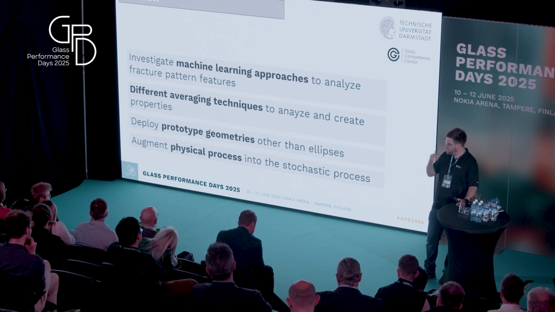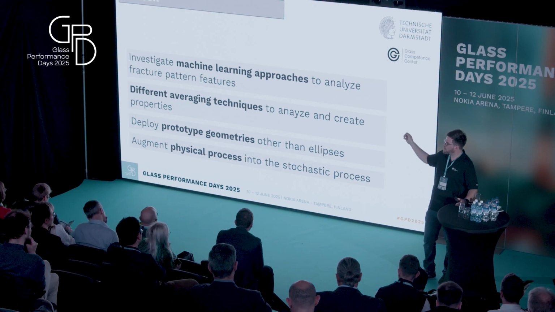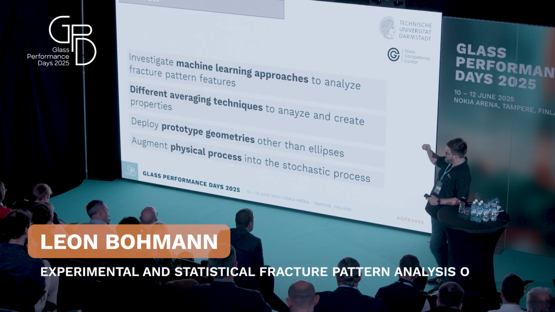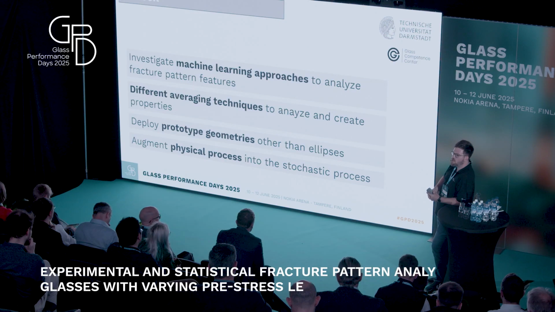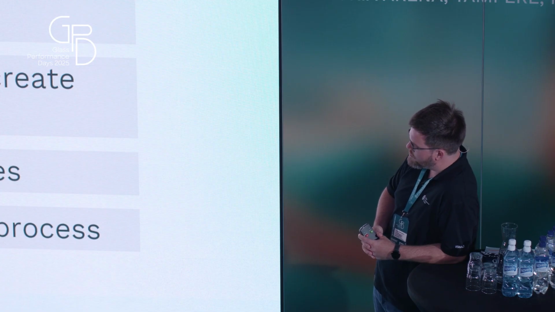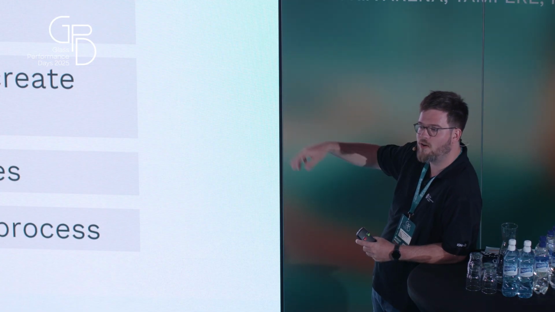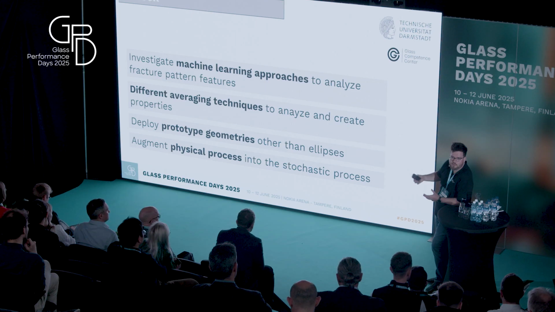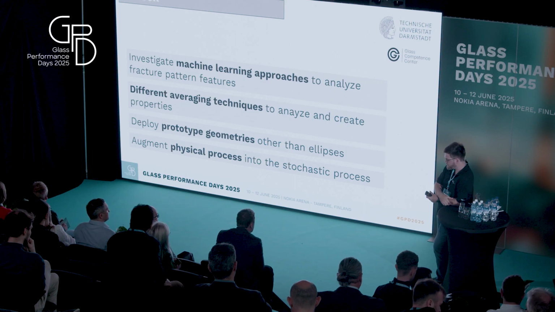Then I've used the elliptic prototype geometry, but maybe that's also not the right choice for fracture patterns, because from previous literature we know that hexagonal shapes should be better. Then, as a last step, maybe there's some way to implement the physical properties, because we've skipped that completely, but maybe it's a feasible way to implement that into the method itself.